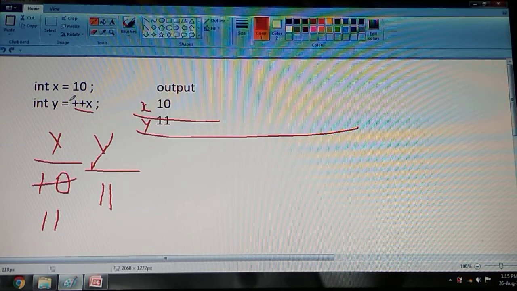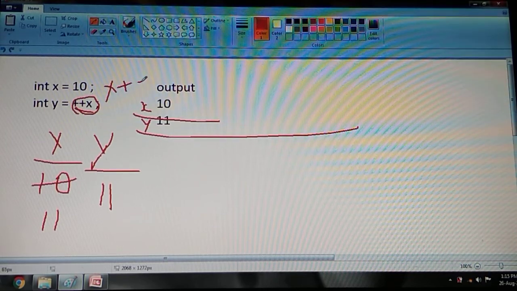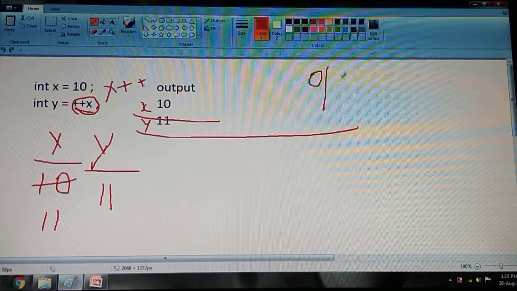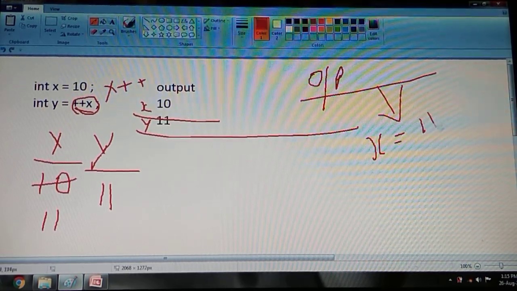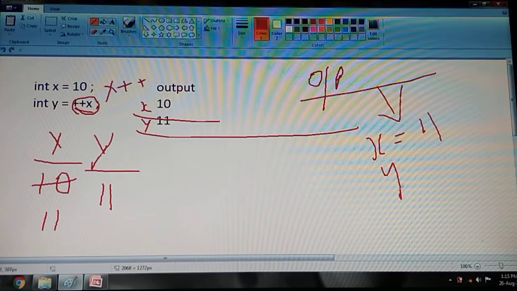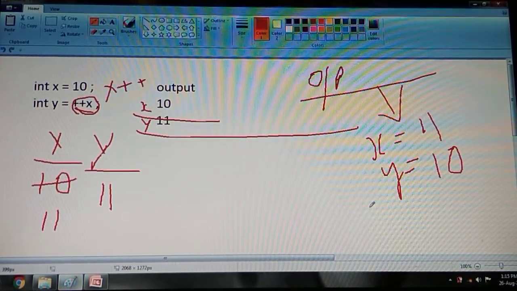If it is given x plus plus in this place, then our output will be x equals 11, y equals 10. Why?